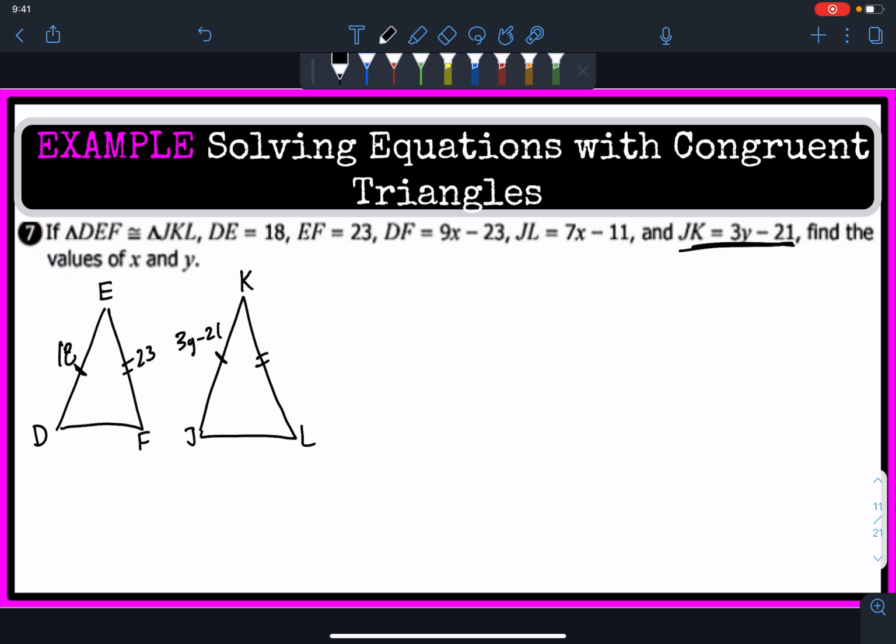No, I have no information about K to L. No information at all about K to L. And I know that from D to F, they do tell me about D to F. D to F is 9x minus 23. That's going to correspond, let me put a marker with 3, that's going to be congruent to the corresponding side of J to L, that bottom side right there. With JL, that's 7x minus 11.